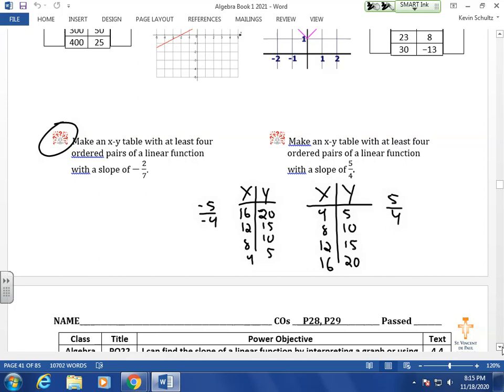But what's negative 5 divided by negative 4? What happens when you have a negative divided by a negative? You get a positive. So you could either have both of them increasing, y by 5, x by 4, or both of them decreasing, y by 5, x by 4, and you've got yourself a linear function.